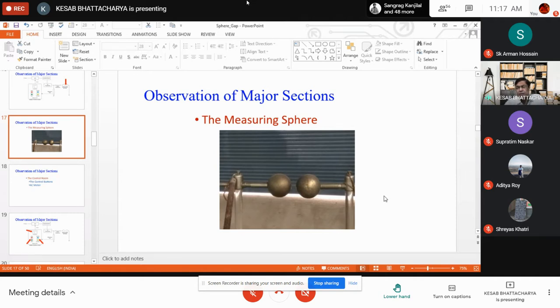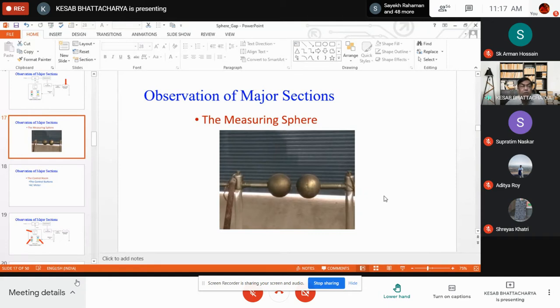Now, again, another thing, in addition to the standard sphere, peak voltage measuring device, etc., some other points are also mentioned in that said IS specification, that we shall discuss afterwards.